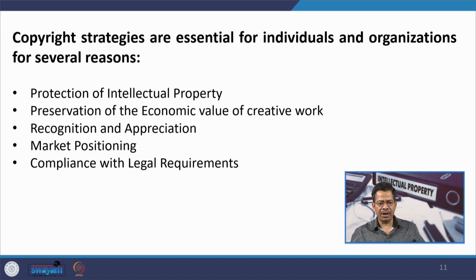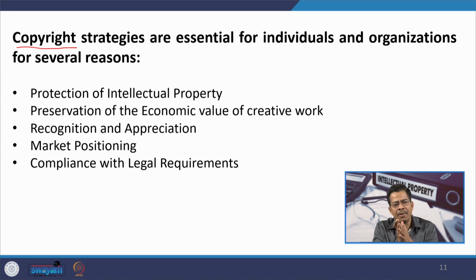Then another important IP after this discussion on trademark is copyright, and I think out of all the discussions of different types of portfolio management, the most important one is copyright. Everyone is important, patent was also important, just now we discussed trademark, that is also important, but copyright I feel is the most important one, because there are a lot of conditions which make copyright a unique type of IP.